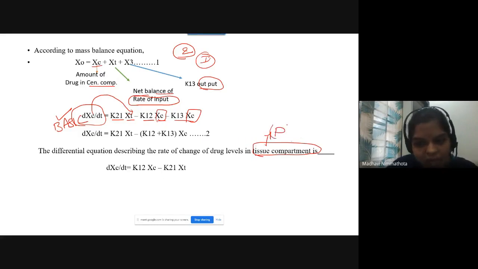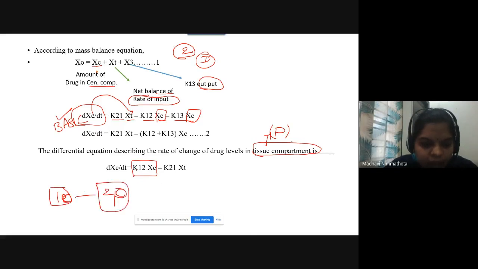So within the brackets you can write the tissue compartment is nothing but the peripheral compartment. That's why in this equation there is no K13, that belongs to elimination. So the equation is K12XC, K21XT. Here 1 is central and 2 is peripheral, right?